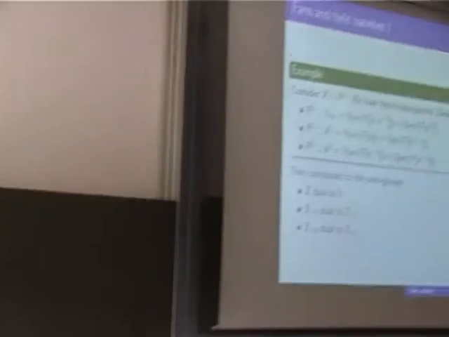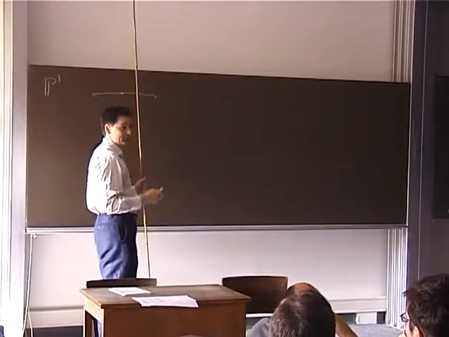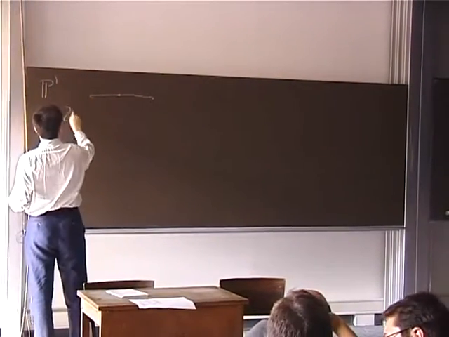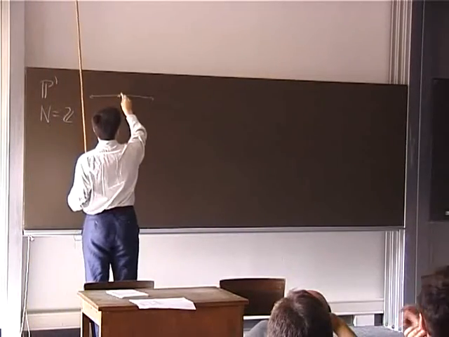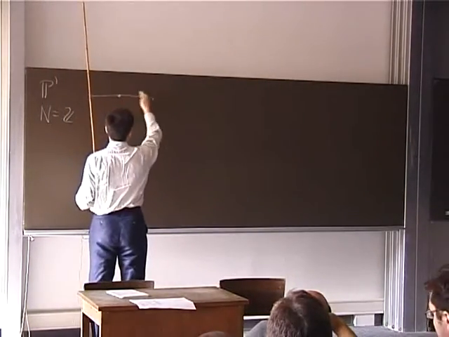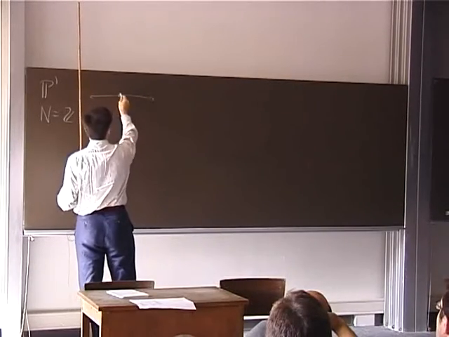So the way we think about P1 combinatorially: we have a space of co-characters N, in this case just R, and we have 3 distinguished cones in it, 1, the other, and 0.